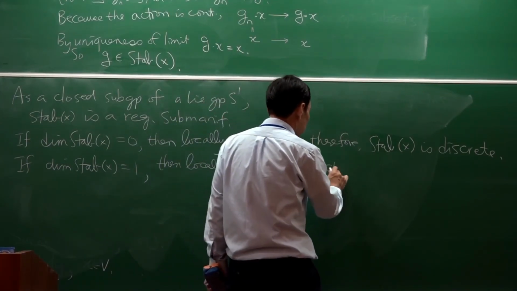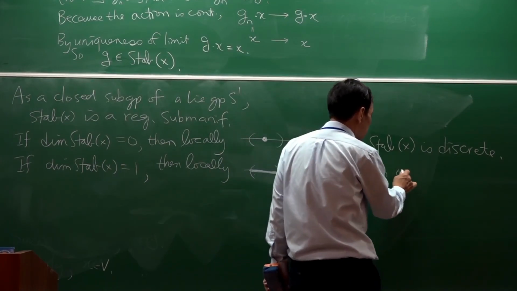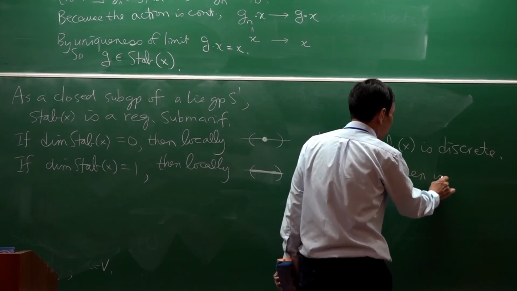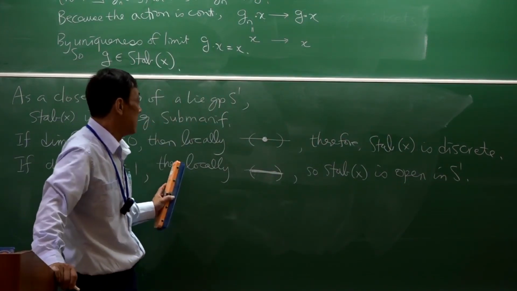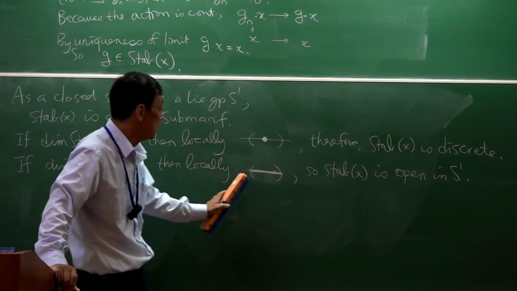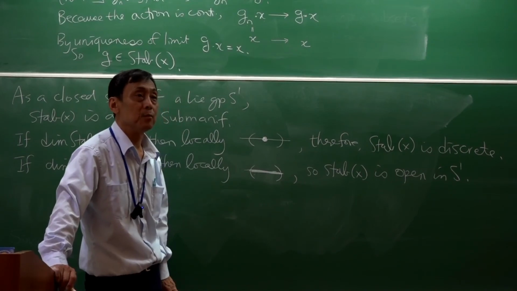So the stabilizer is open in S1, because if it has dimension 1, it's locally an interval.